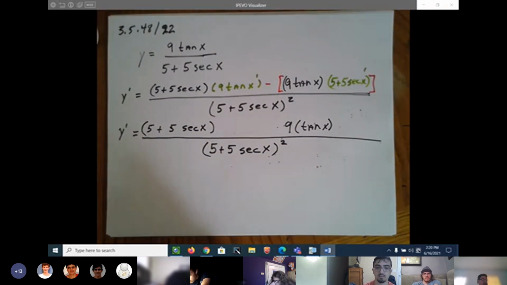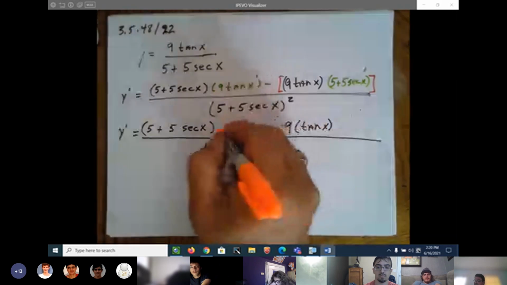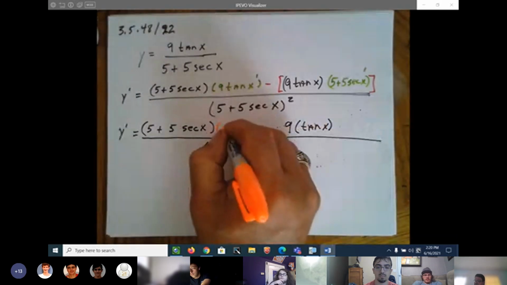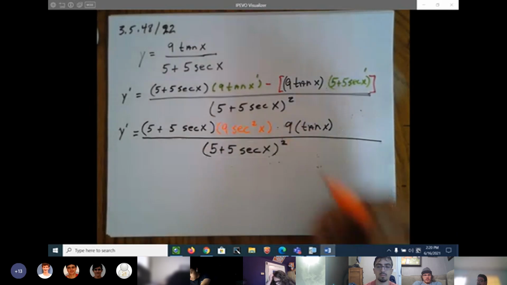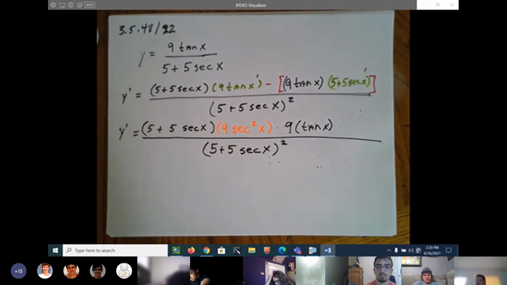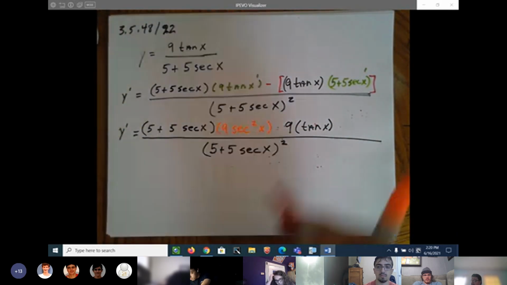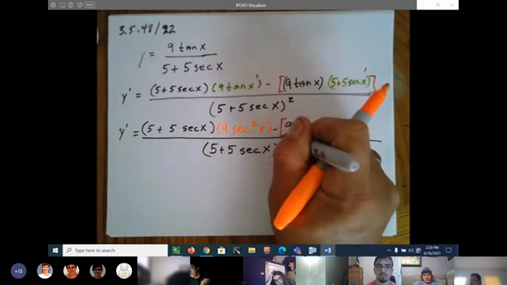And somebody tell me the derivative of the tangent. Secant squared x. So that's going to be 9 secant squared x. Minus, and I'm going to go ahead and just leave that in brackets.